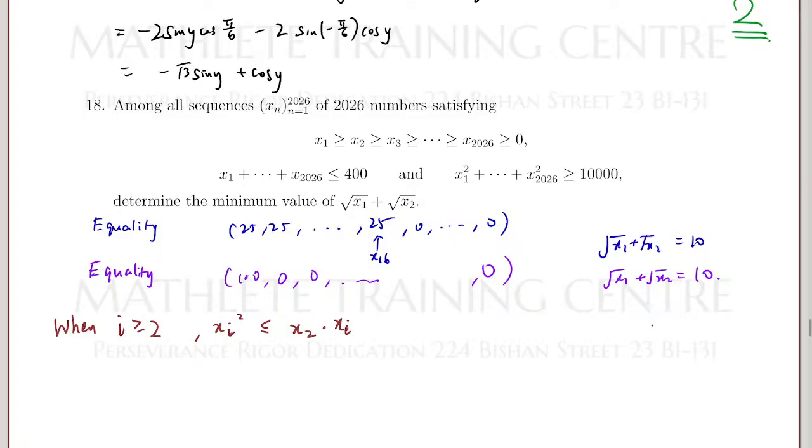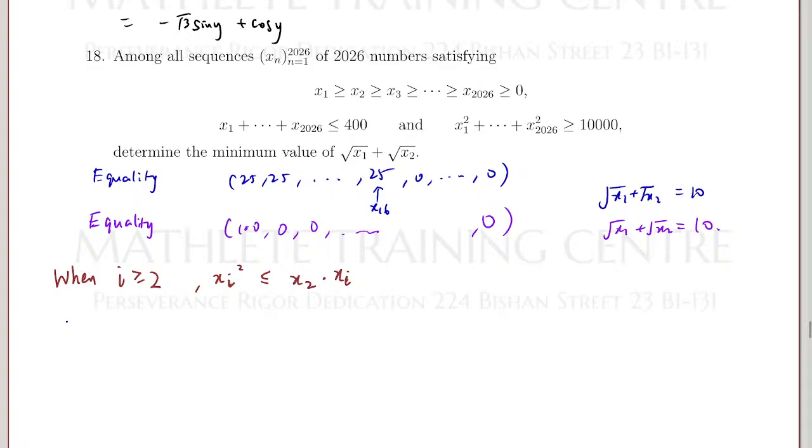Okay, so how? Well, let's use this thing over here. So that means my x1 squared plus x2 squared plus all the way to x2026 squared, I'm going to replace by x1 squared plus x2 squared, or rather x2 times everything else. Okay? So that's the trick. I'm going to replace these terms behind by this thing.